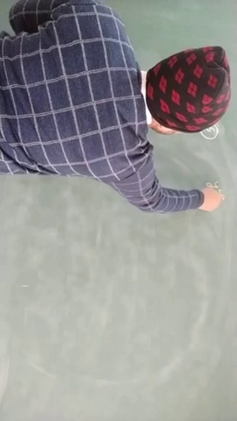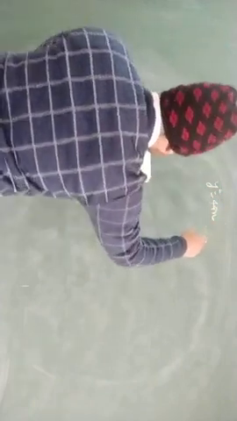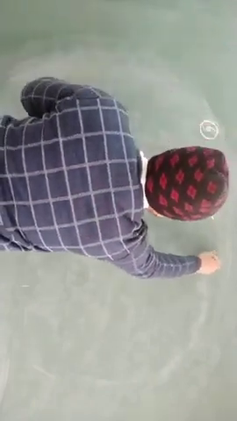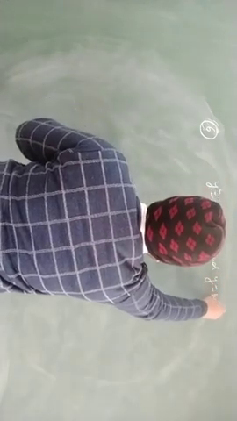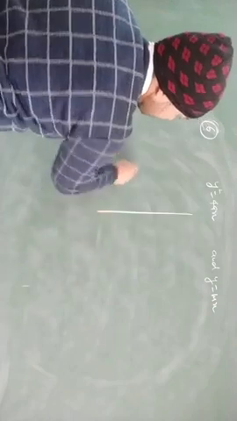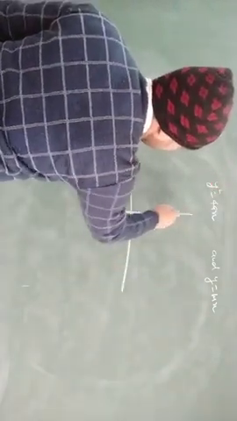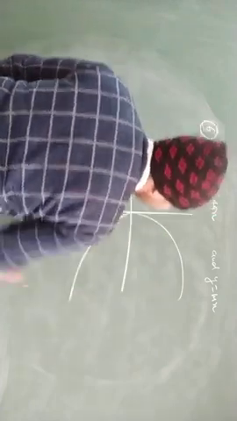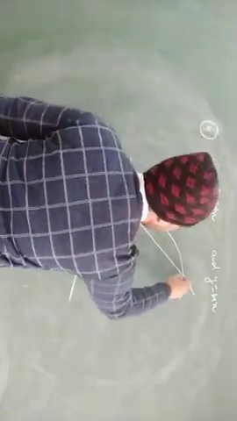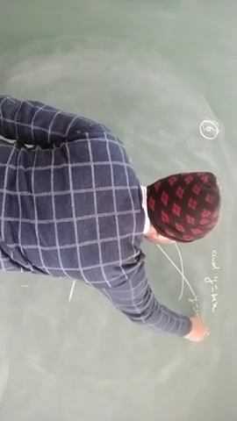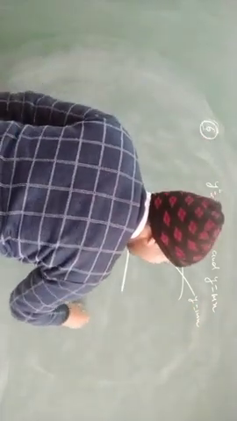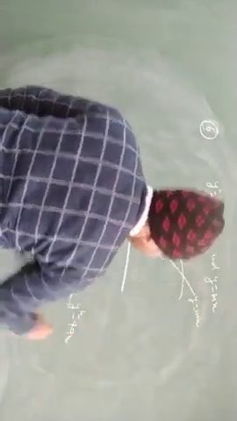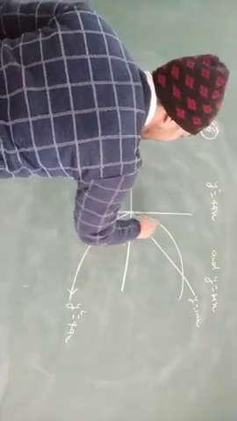Find the area enclosed between the parabola y square equal to 4ax and the line y equal to mx. For positive x, this is the parabola, and this line indicates y equal to mx. Now we have to find the area of the bounded region.